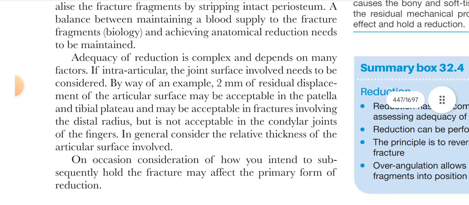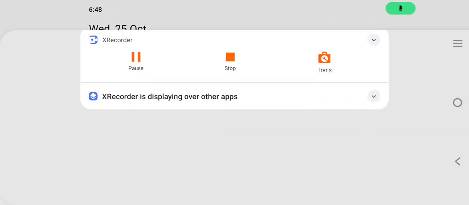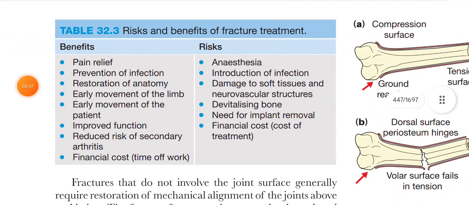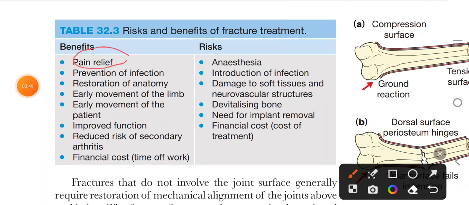Now let's discuss the table of benefits and risks of operative treatment. Number 1 is pain relief. If we reduce the fracture, pain will be relieved. Number 2 is prevention of infection. For example, for open fractures, we can debride and wash the wound during operation, reducing the risk of infection. Number 3 is restoration of anatomy. Anatomy gets restored.